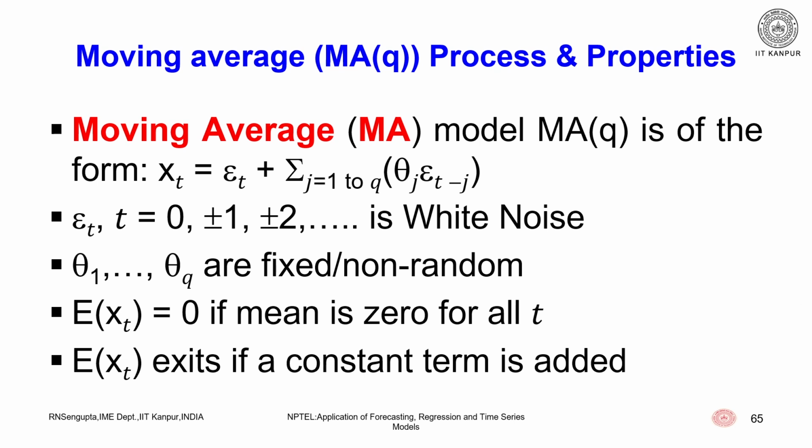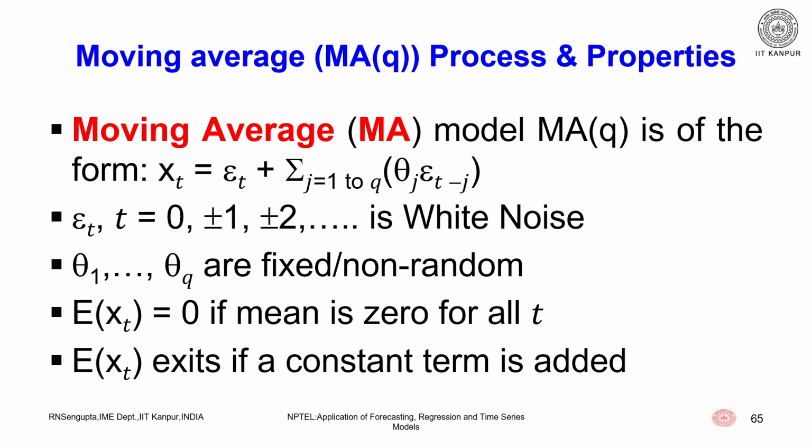So, it is theta 1 into epsilon t minus 1, theta 2 into epsilon t minus 2, till the parameter value of q has been defined. Here also epsilon t is the white noise, t values are 0, plus minus 1, and obviously, if you are going to proceed in the future, the values of t will be taken as plus 1, plus 2, plus 3. So, t is basically the time frame which you are considering.